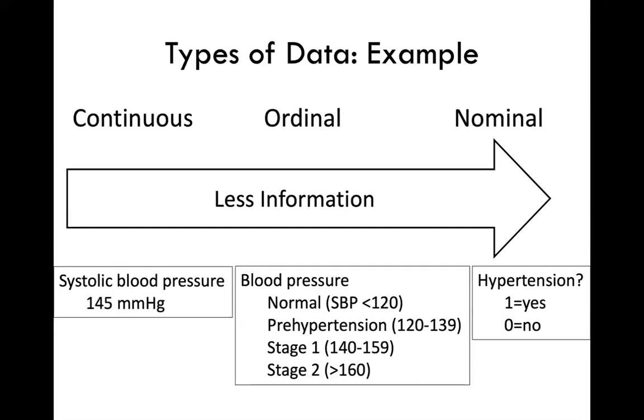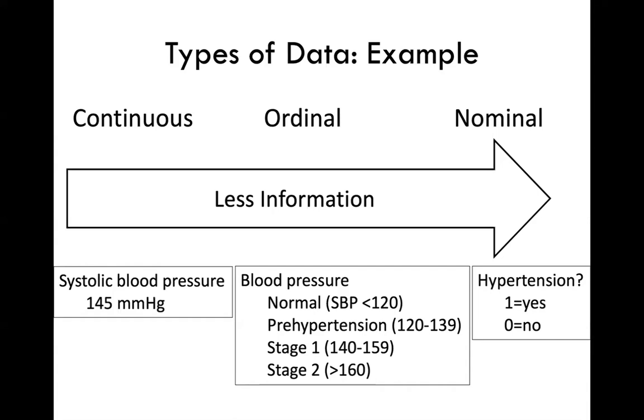into something that's ordinal, where this person would fall into this kind of stage 1 hypertensive group, or you can just say that this person is hypertensive or not, and have this nominal or discrete data.